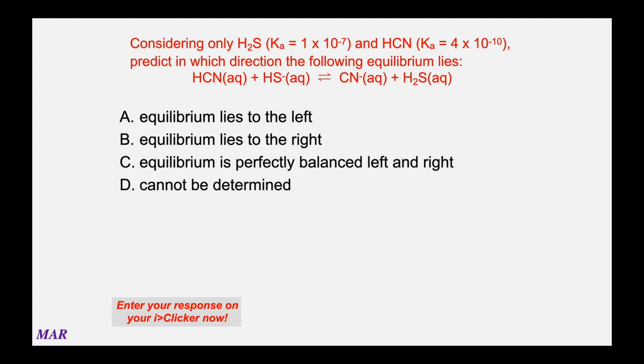One way to do this would be to literally combine Ka expressions, all right? You would combine the Ka for H2S, and you'll end up using the Ka for HCN. But you have to be careful here. The reaction has HCN as a reactant, and H2S, the other acid, is a product. So what I would do here is write HCN, and if it's a Ka expression, HCN reacts with water.